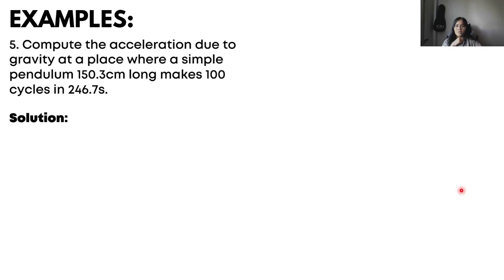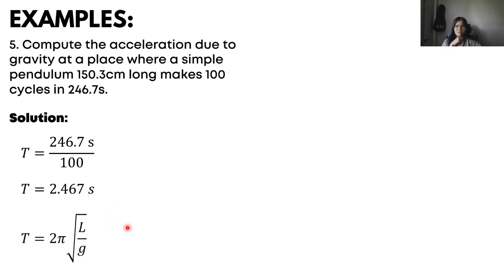So, meron tayong solution na T is equal to, tandaan na yung period ay seconds per cycle. So, meron tayong 246.7 seconds and then nakagawa siya ng 100 cycles. So, divide mo lang yun. Kukuha mo si 2.467 seconds.